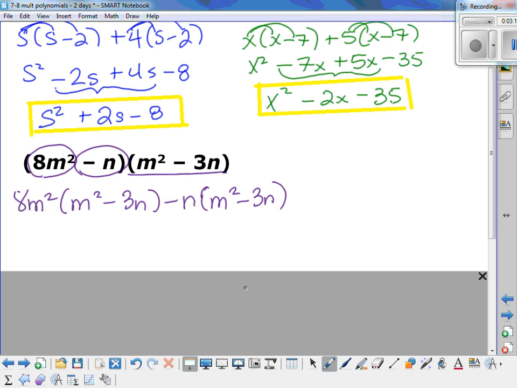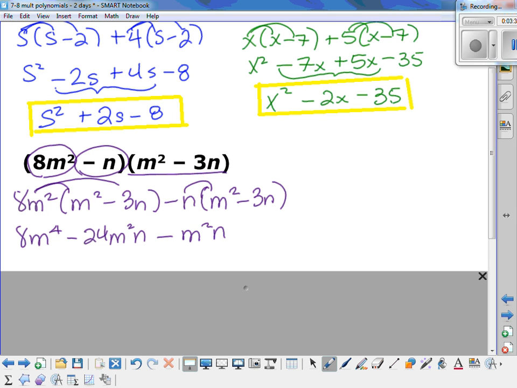Okay, so now if I distribute, 8m squared times m squared now gives me 8m to what power? What, everybody? The 4th. And then 8 times 3 is negative 24, and then I have m squared n. And then on the second half, I do minus n times m squared, so minus m squared n.